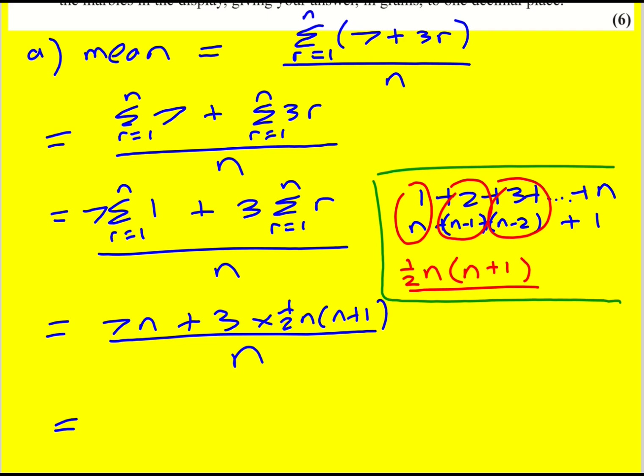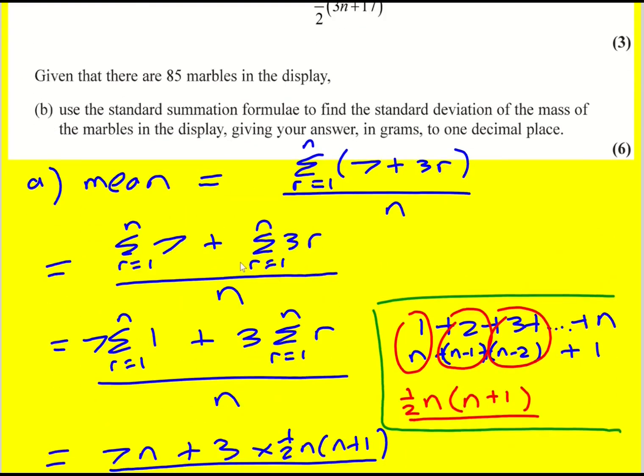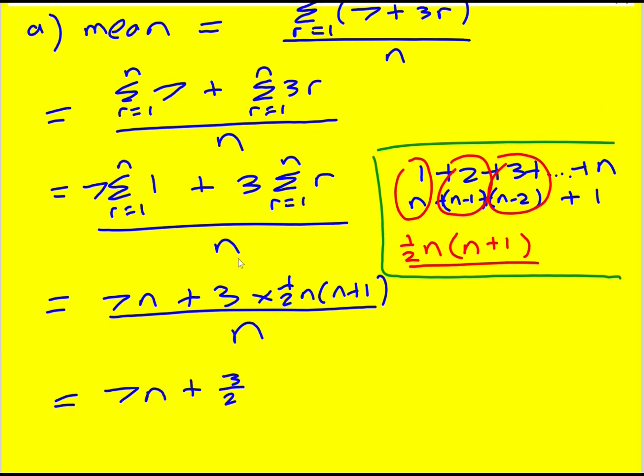Right, I think we're nearly there. So just going to deal with this. I've got 3 over 2. Let me just check the final answer. How do they leave it? Half 3n plus 17. Okay, so you know what would be a good idea? It would be to just cancel out the n's at this point. I could factorize out the n and cancel, but I can just chop them out like that.